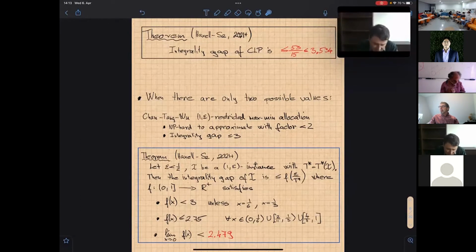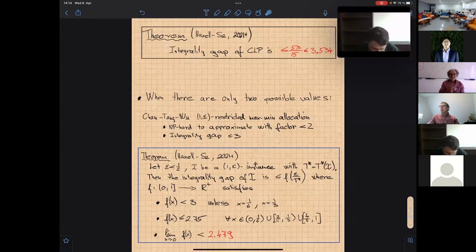And there was a very interesting special case also studied, due to Chan, Tang, and Wu, where you have only two weights, one big and one small. And they showed that the Bezakova and Dani NP-hardness proof also is valid for this very special case. So you cannot expect better than a 2-approximation. And they showed that the integrality gap, on the other hand, in this special case is at most 3.